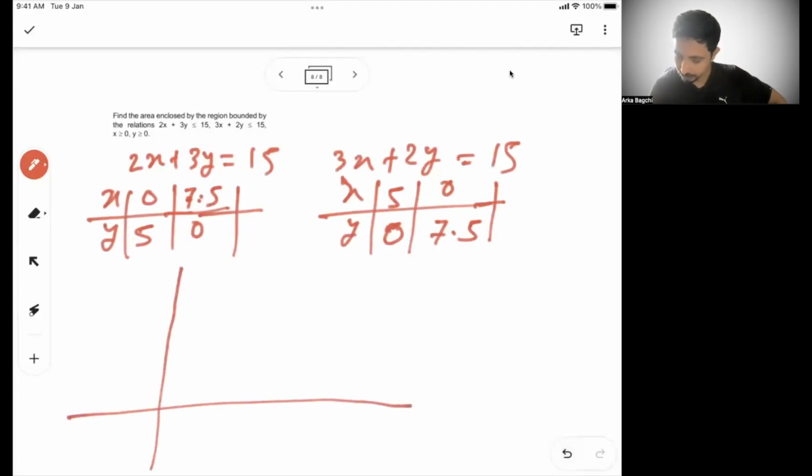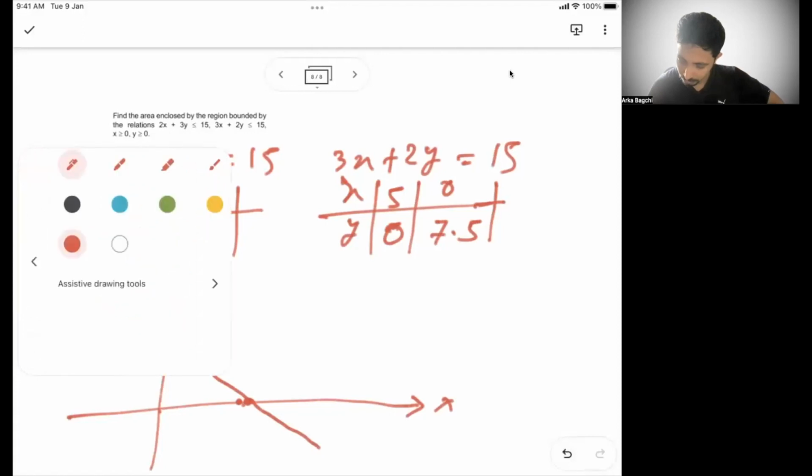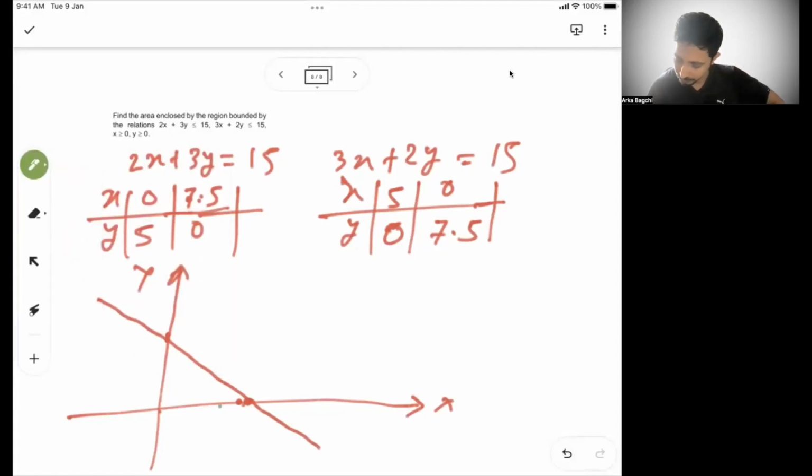the graph will be like this. It will always be in the first quadrant because only in the first quadrant are x and y both greater than or equal to 0. Now, the first one says x 0, y 5, and x 7.5, y 0. So this is one line, and the other one is x 5, y 0, and x 0, y 7.5.